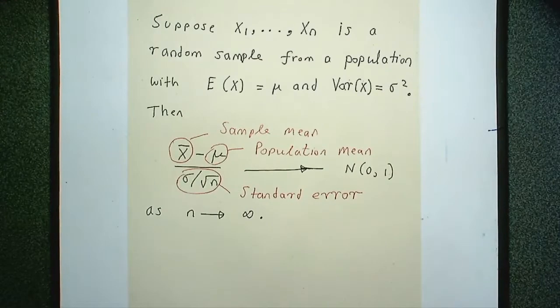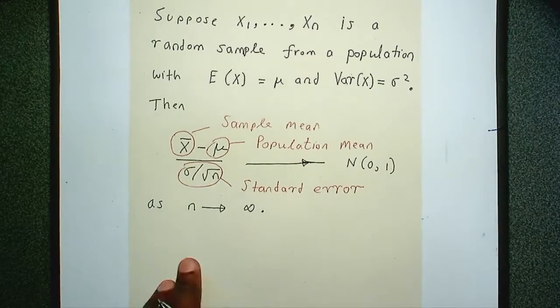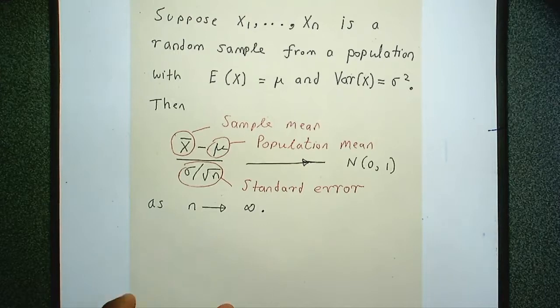All right, guys. So the central limit theorem is fundamental to much of statistics and applications. Now, what I'm going to talk about here is how to use the central limit theorem to solve this problem.